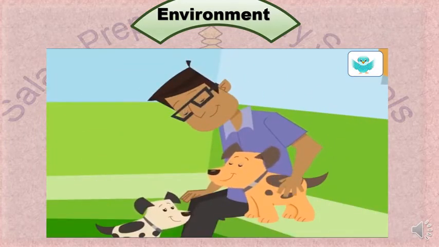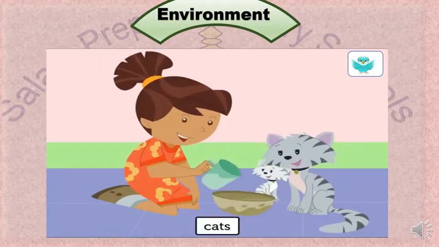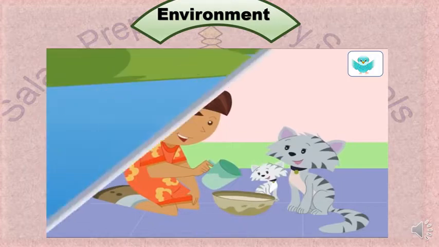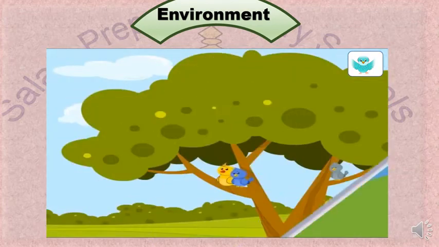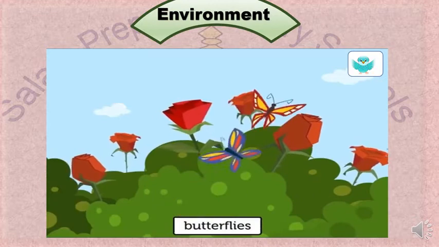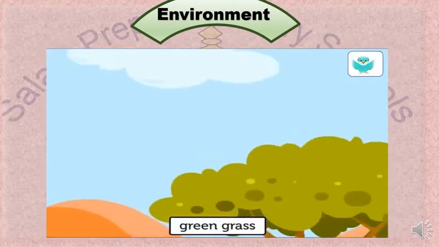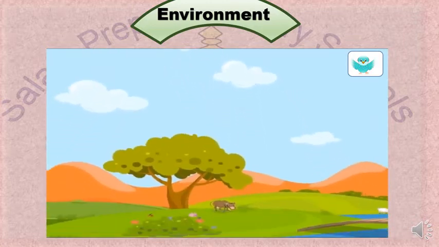Animals like pet dogs and cats are also a part of the environment. The fishes in the ponds are also found in the environment. Trees with birds, butterflies on red roses, green grass below, and the blue sky above all make the environment.